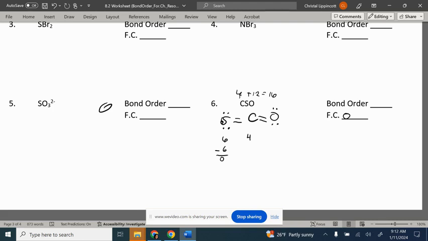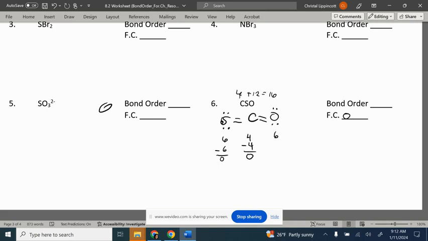Carbon should have 4. I count my columns. 1, 2, 3, 4. That's how I get my should amount. My has amount, I'm going to count how many things are around here. Remember the line, the only time the line counts as 1. 1, 2, 3, 4. 4 minus 4 is 0.